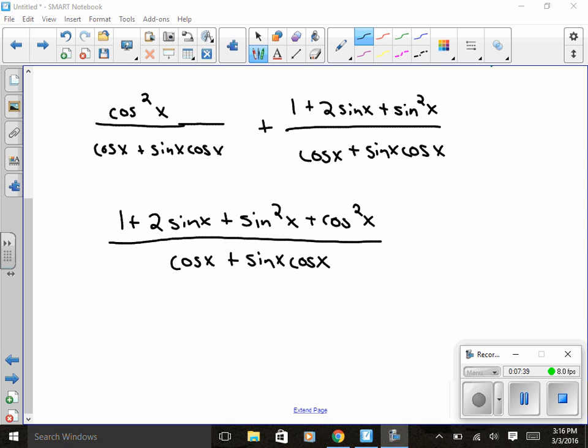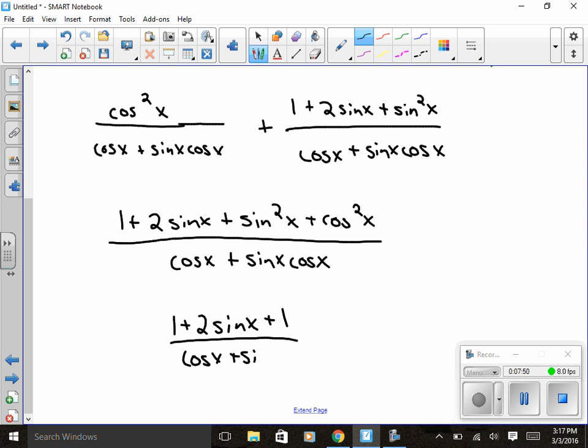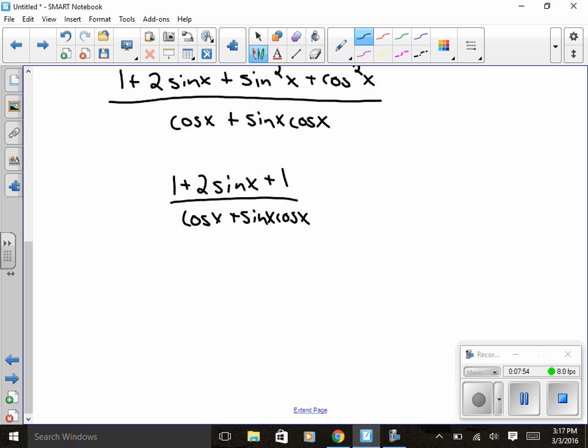So I've got 1 plus 2 sine x plus 1 over cosine x plus sine x cosine x. Okay, I'm going to simplify this as 2 plus 2 sine of x over cosine x plus sine x cosine x.